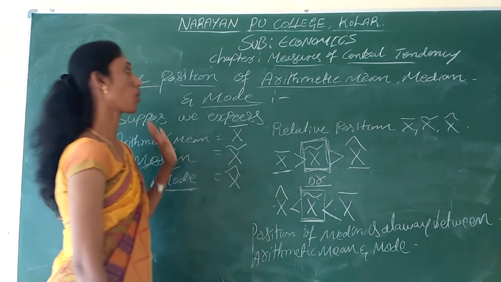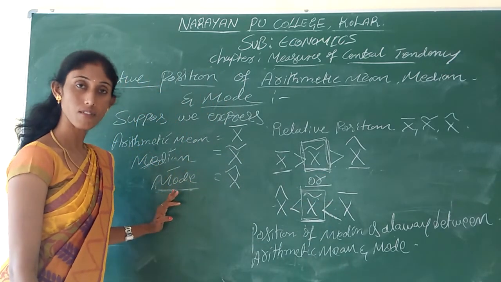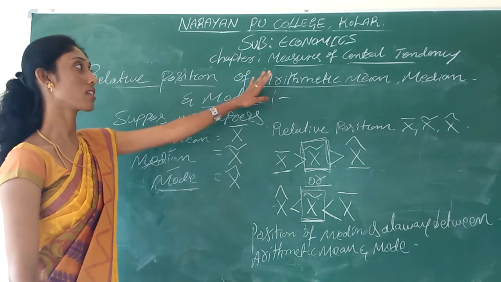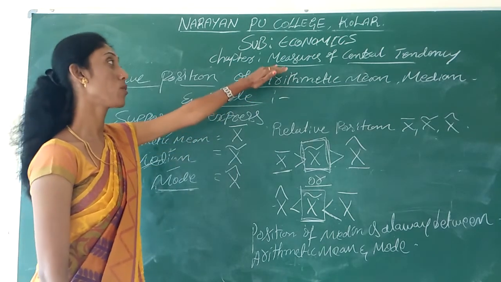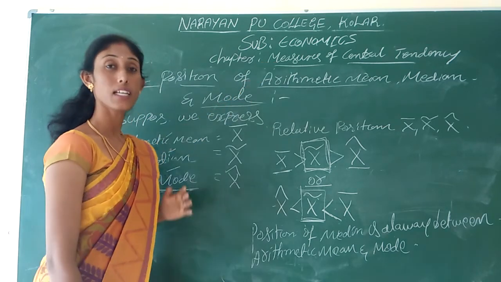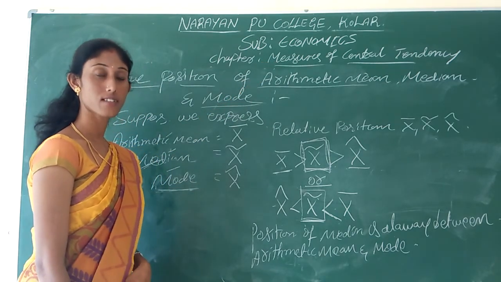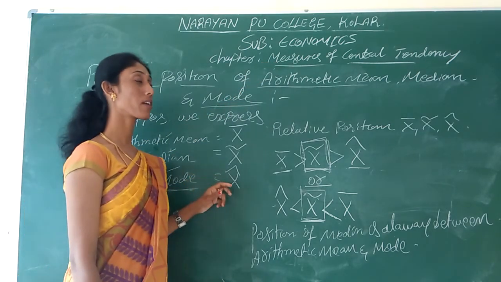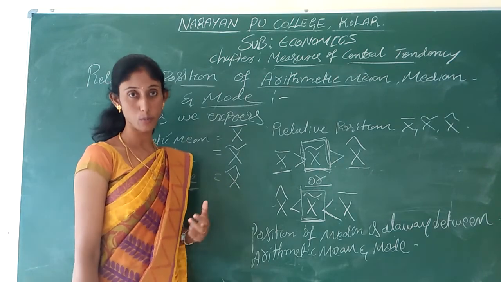Got it? This is chapter 5, the measures of central tendency. This is the most important chapter of this part A, statistics for economics, and it is important for nearly 22 marks.